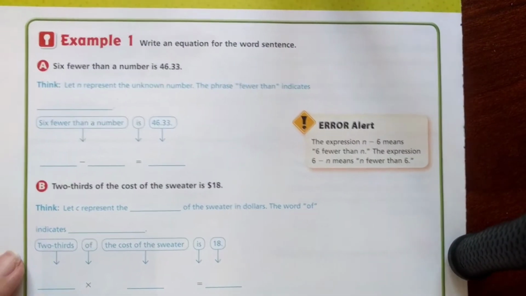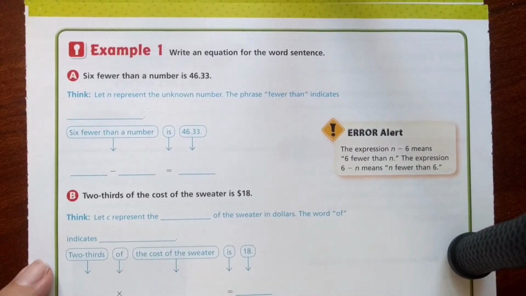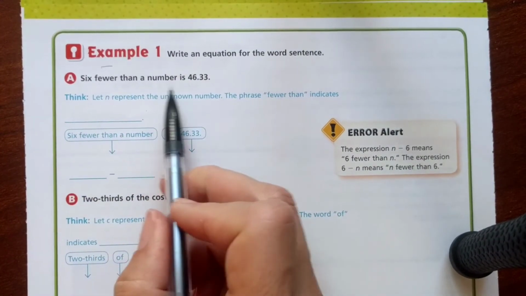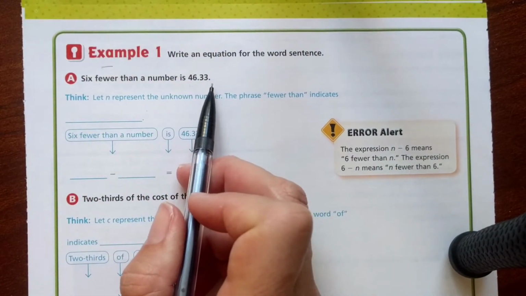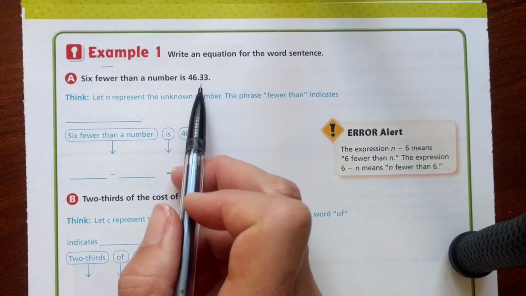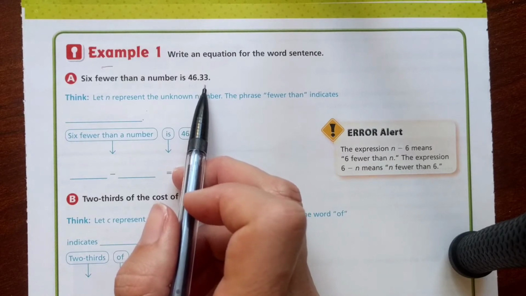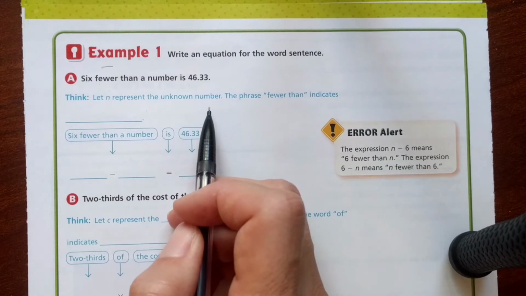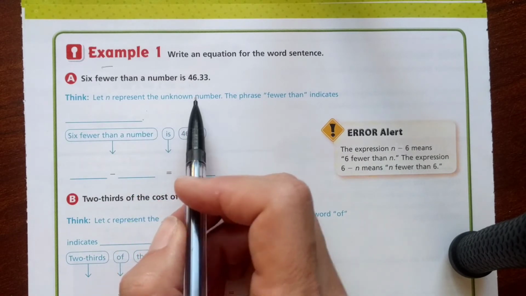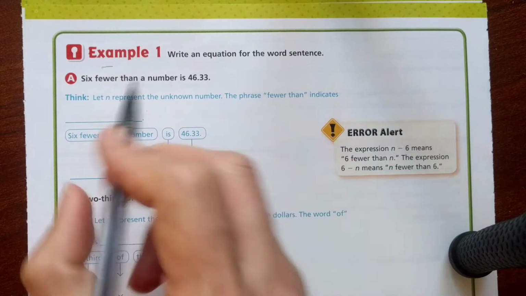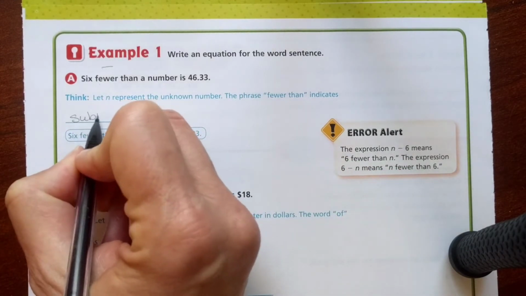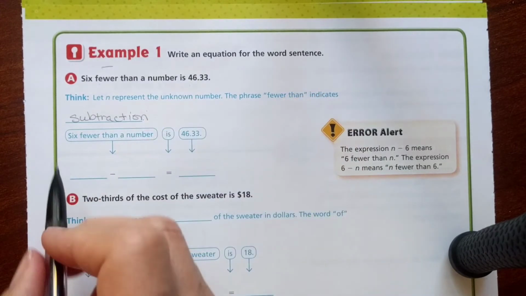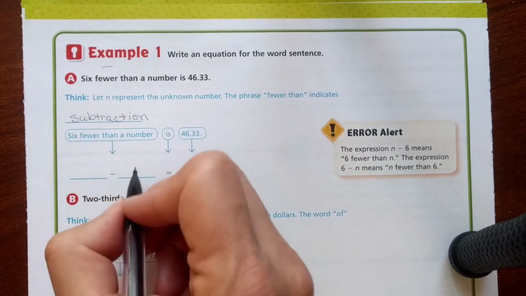Okay, 6 fewer than a number. Fewer means subtraction. Then a number is 46 and 33/100. So we're going to let n represent the unknown number. So that's going to be our variable. The phrase fewer than indicates subtraction. 6 fewer than a number.